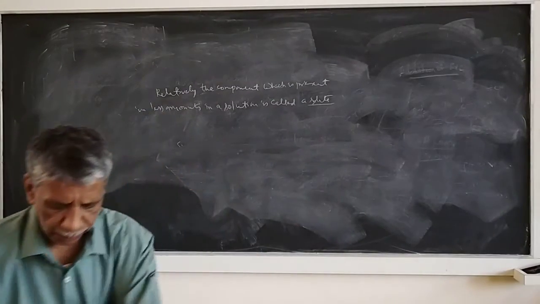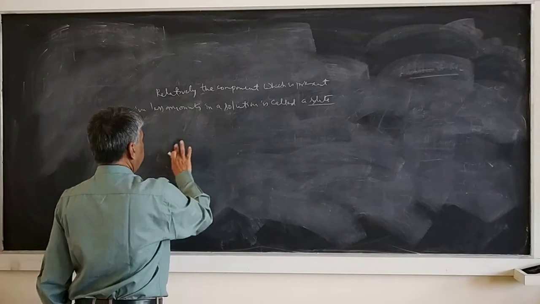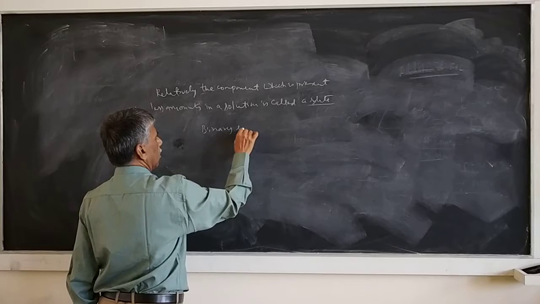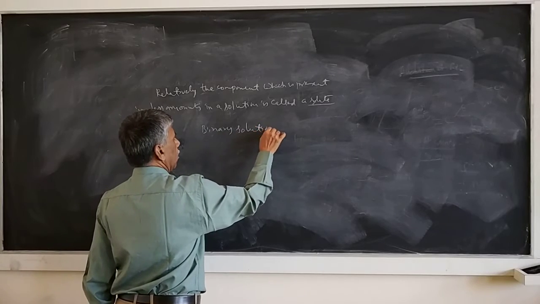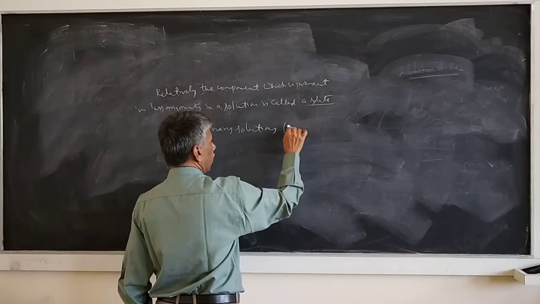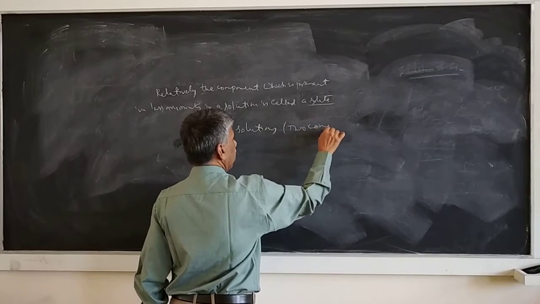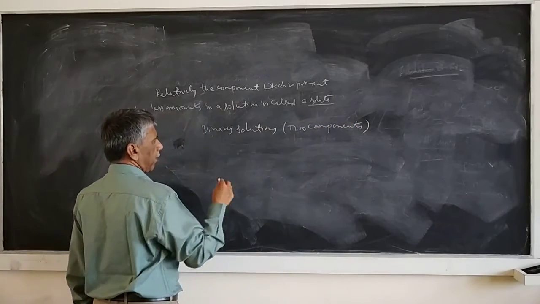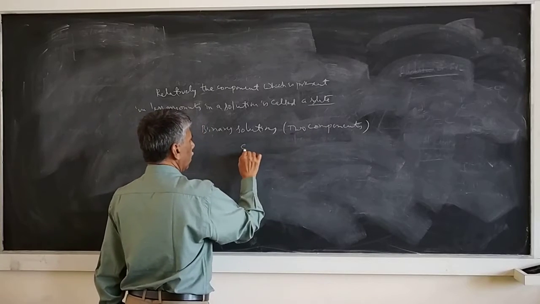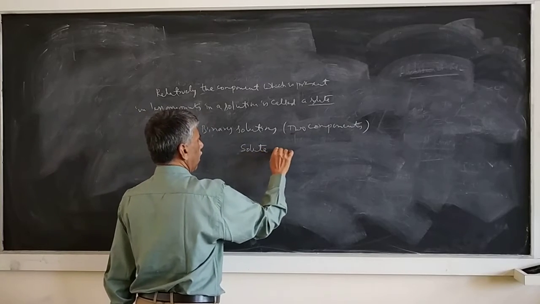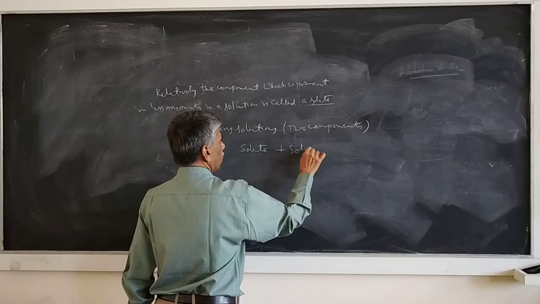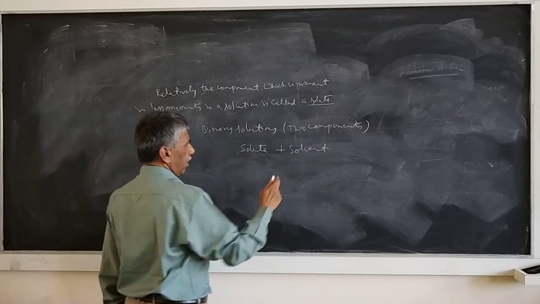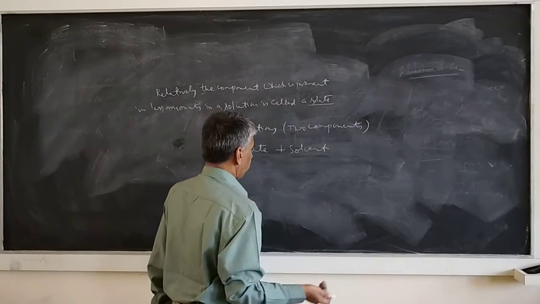So let me tell you here, I am considering only binary solutions. Only binary solutions means it contains only two components. Out of two components, one is the solute and another is the solvent. Solute is present usually in less amounts and solvent is present in more amounts.